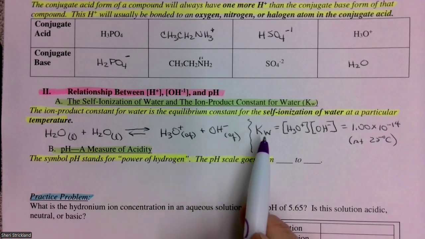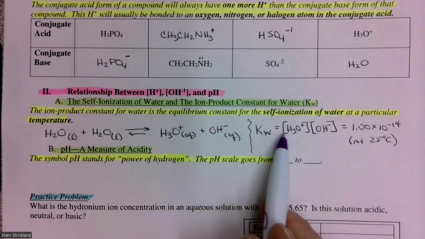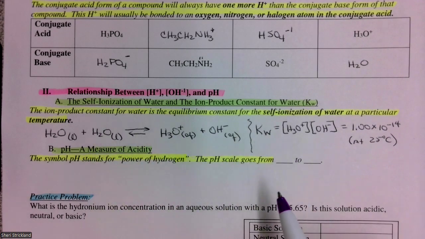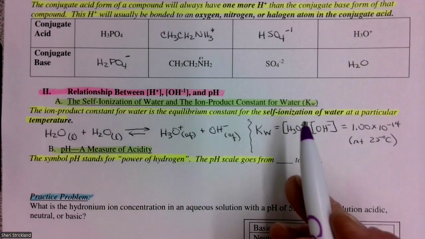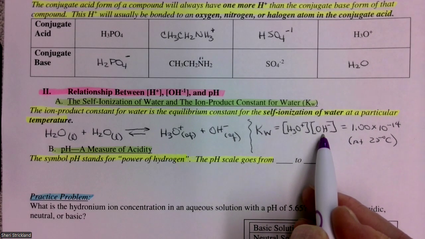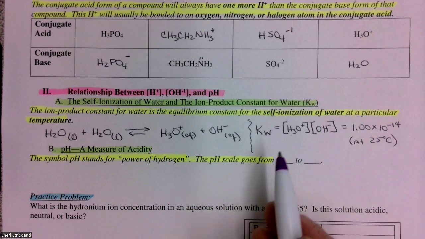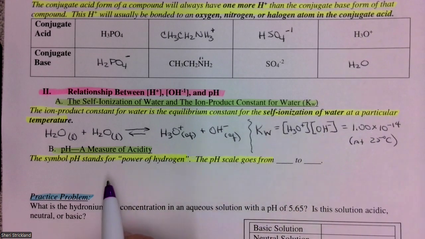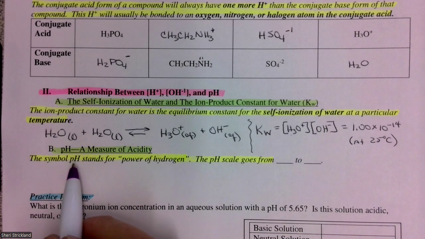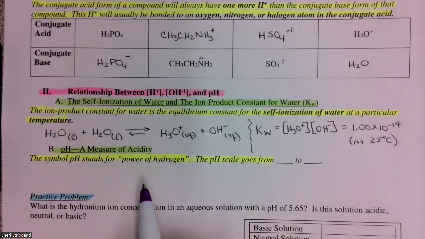So this relationship turns out not just to hold for pure water, but for any aqueous solution. If you know its hydronium ion concentration, you can calculate the hydroxide and vice versa. And you can also get to the pH. Now, pH stands for power of hydrogen, and there are other P values besides pH. pOH will come up a lot for us, but there are a bunch more for other kinds of cations and anions.